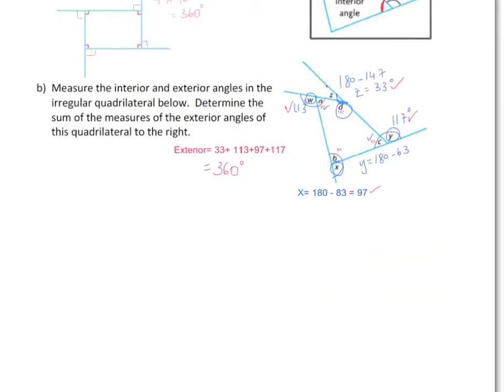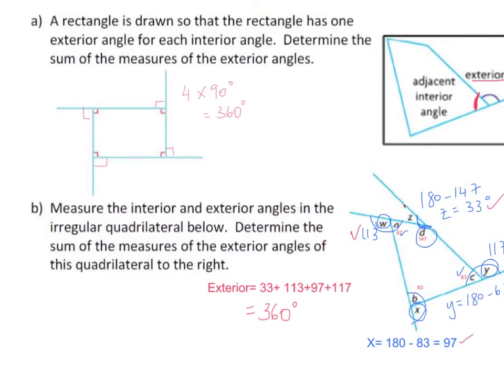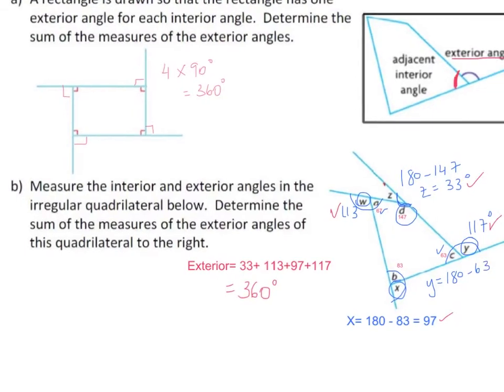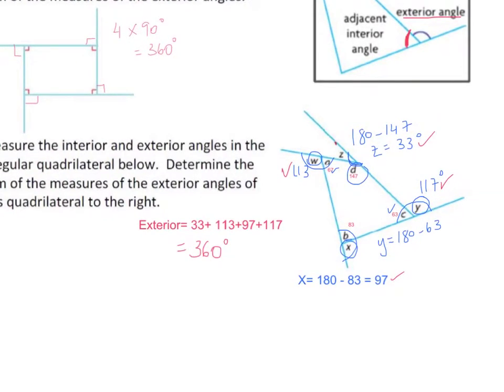So we had that up here for this shape, the exterior angles gave us 360 degrees, and down here for this very different looking shape, the sum of the exterior angles also gave us 360 degrees. So what do you think that we could deduce from this?